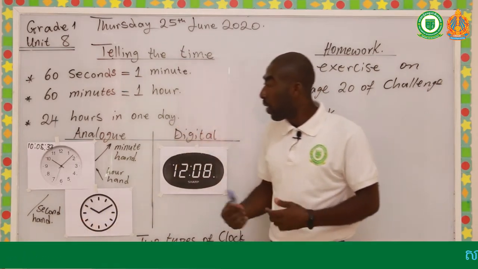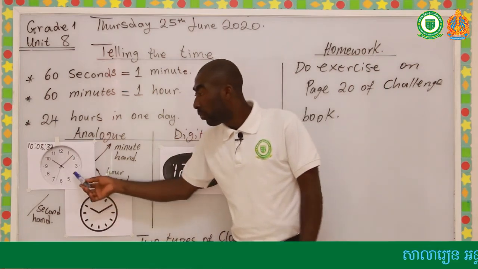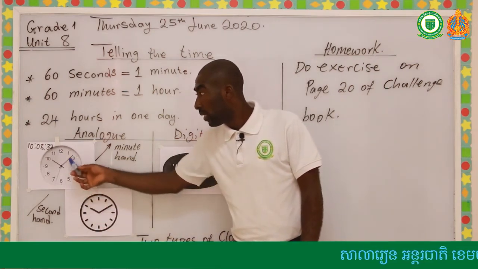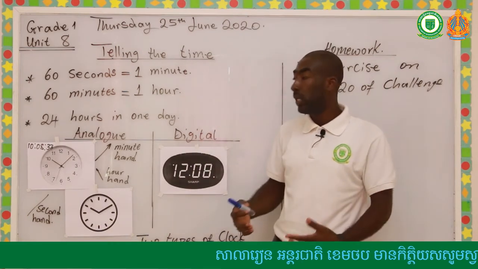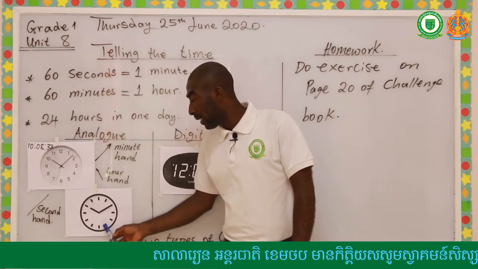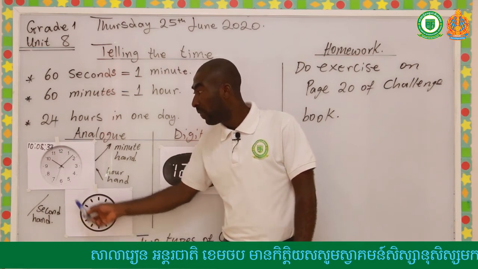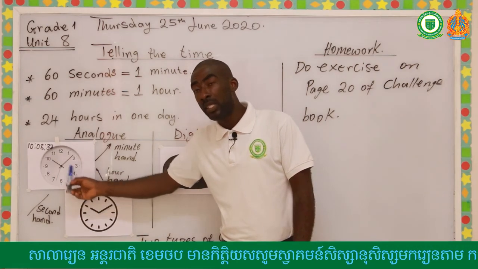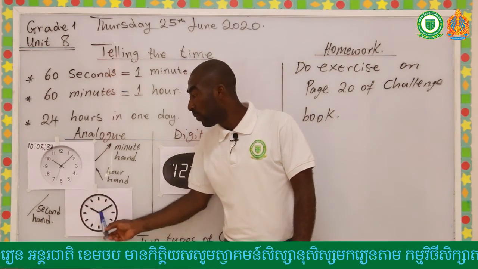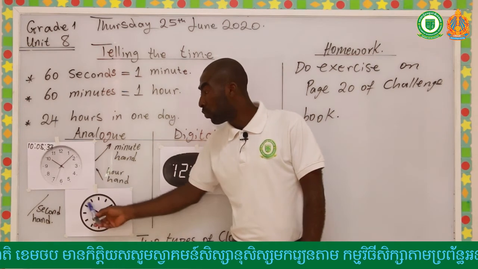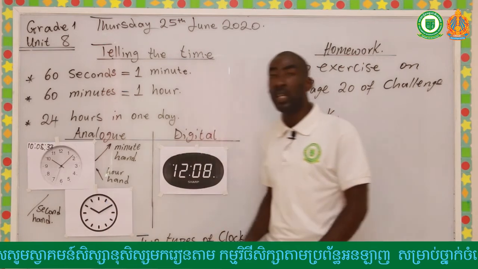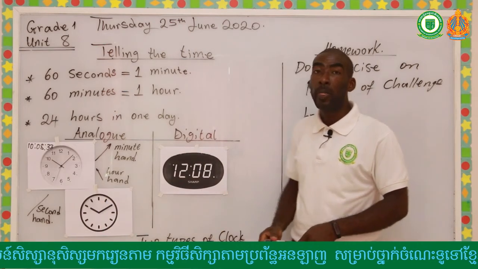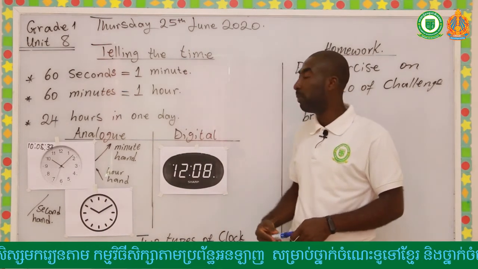Whereby you don't have real numbers on your clock, you should know that the marks or ticks that you find here represent the numbers. It is always from 1 up to 12, and it can be written in numbers or in text for you to tell the time.